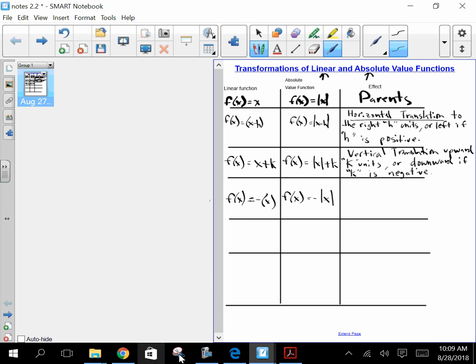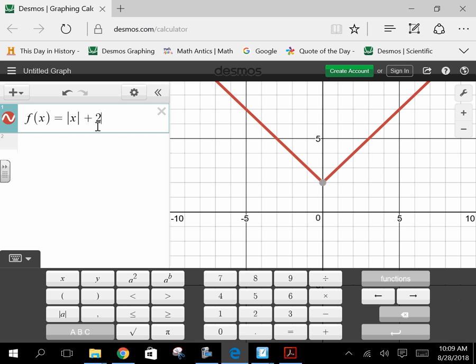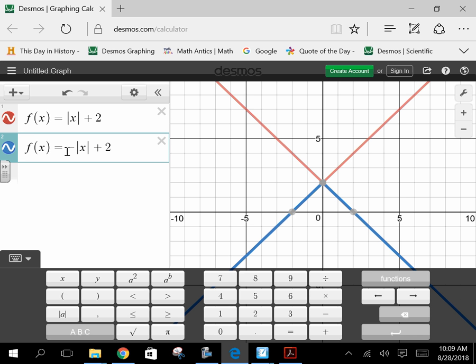So let me go to my graph. Let me take this graph, copy and paste this puppy. Now let me put a negative outside the grouping symbol, in other words, outside the absolute value symbol. Watch what happens. Good. Look at the negative. What happened? What took place?